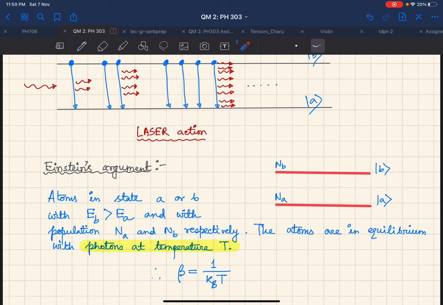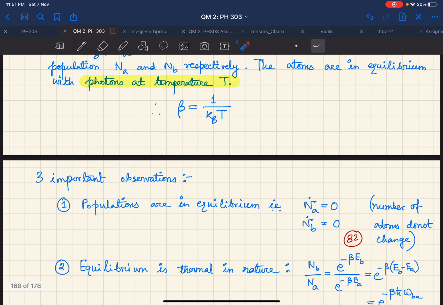We know that the atoms are in equilibrium with the photons, and these photons are at some finite temperature T. Therefore, you can define the inverse temperature, which you are already familiar with. I am sure that you are all taking the statistical mechanics course. So from there, this beta, which is 1 by kBT, is already known to you. Now I want to make some observations.